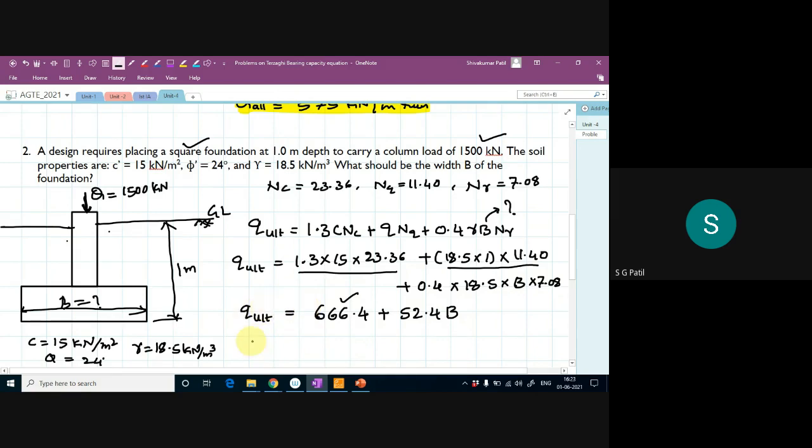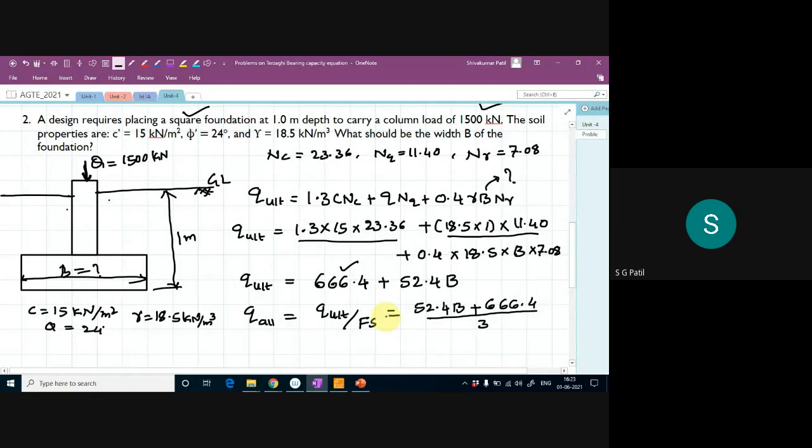So what is the allowable load? q allowable is equal to your q ultimate divided by factor of safety. So this term divided by your factor of safety. So 52.4B plus 666.4 divided by the factor of safety, which is 3.